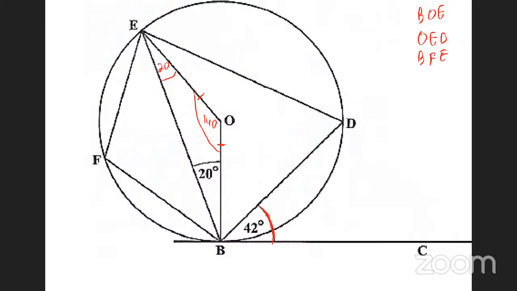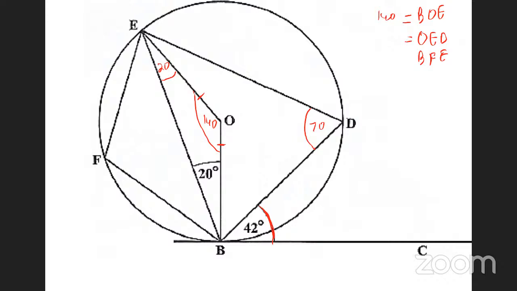What they asked us for, BOE, is 140. You're seeing this angle here? The angle at the center is twice the angle at the circumference, so here is 70. That will help us find part 3.